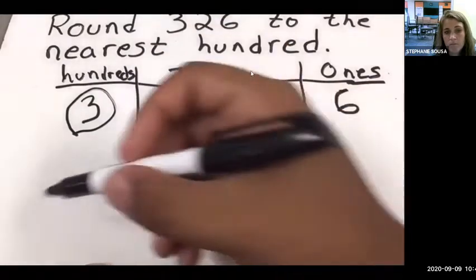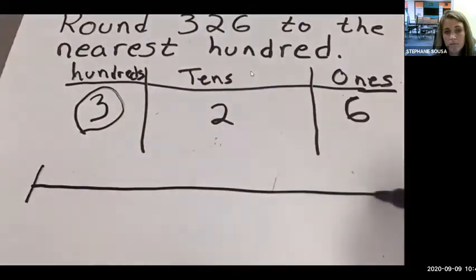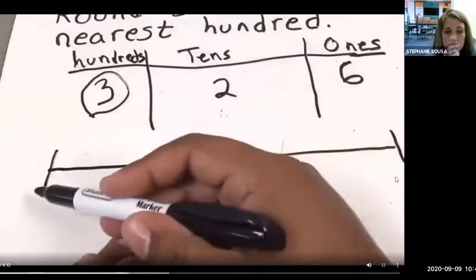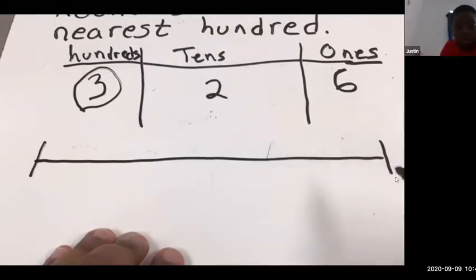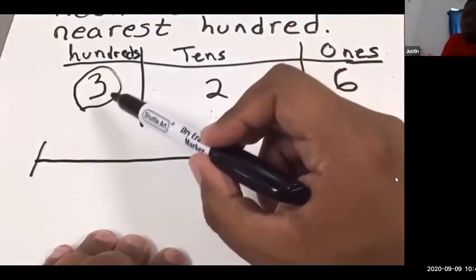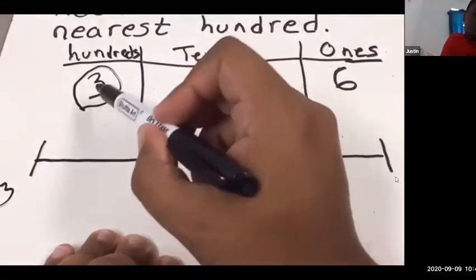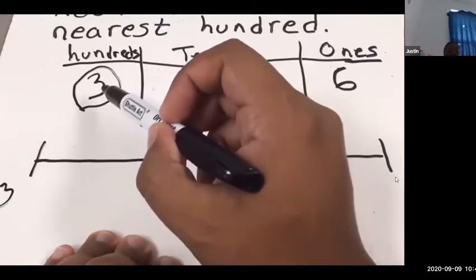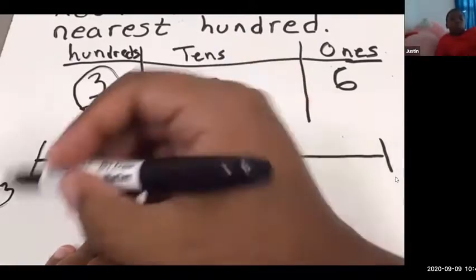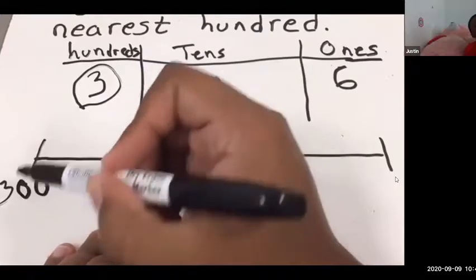Now, when rounding, you always want to give yourself 2 choices. One choice, second choice. Now, you may be asking, what are those 2 choices? Well, here's what I suggest. Since we are working with the hundreds, put the 3 right here, or whatever number appears in the hundreds. Now, we're not actually working with 3. Since it is in the hundreds place, we have to make sure that we put its actual value, which is 300.